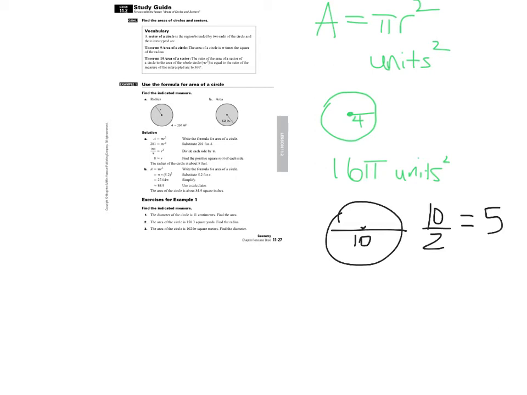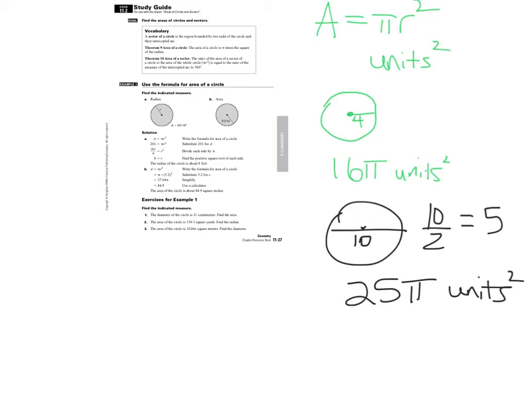Now what's the area? 25 pi. And again, it's units squared. Okay? So this is the type of questions you're going to see. All you're doing is basically manipulating either the radius or the diameter first, and then just putting the pi symbol. Okay? Nothing as complicated as we saw in the homeworks.